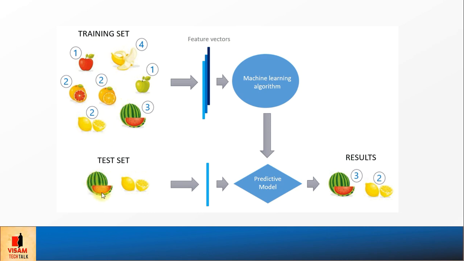When you see the watermelon, it takes 3, so the predicted output is 3. When you see the lemon, it gives the result 2. So the algorithm uses this input and gives the prediction. By using this prediction model, it gives the output. This is what happens in supervised learning.